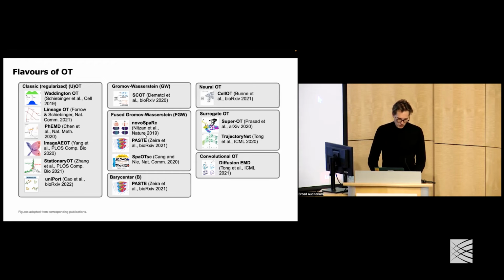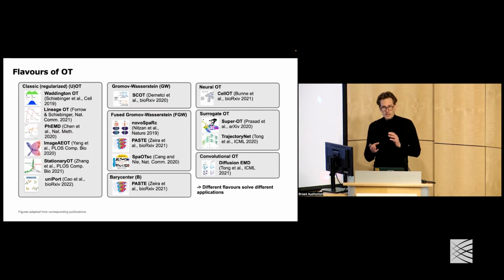So in this talk, I will focus on classic OT, Gromov-Wasserstein, and fused Gromov-Wasserstein problems. So OT in single-cell genomics is so versatile because it has different flavors that can be applied to the different situations that come up in problems.